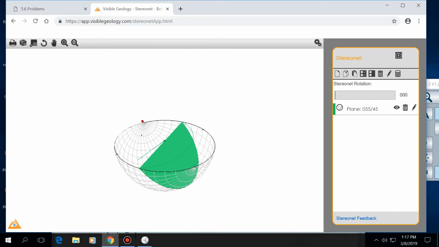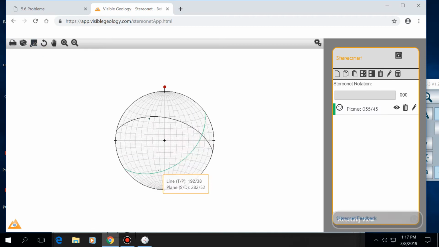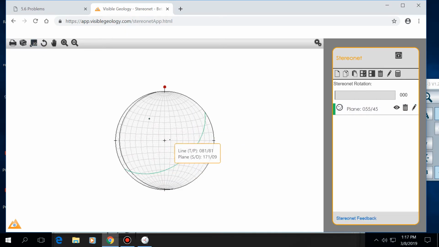What are they supposed, like, what values? Okay, so this is 45, right?